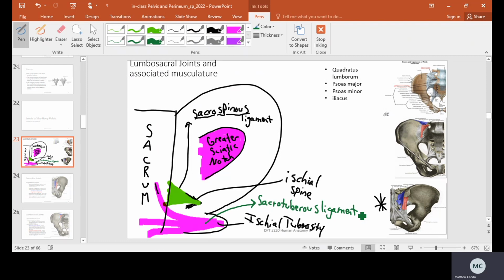Okay, you have a question. What's up? If we were to add a sacrum to this picture, where does the sacrum sit? I'm going to draw it in the next picture. Okay. No worries.